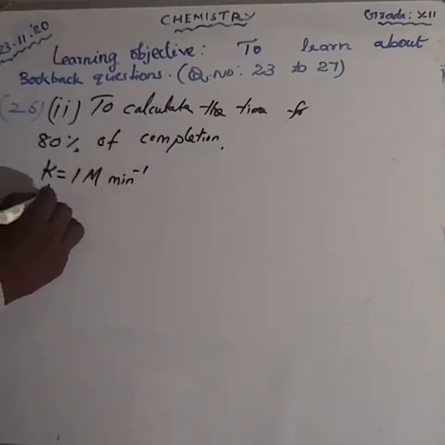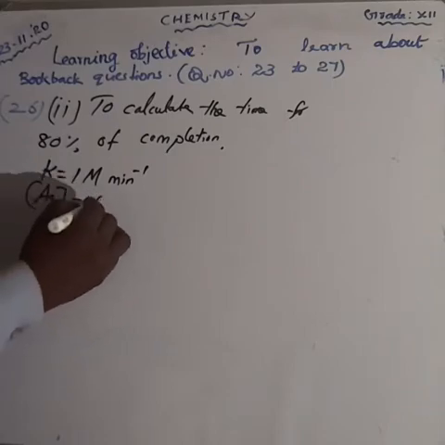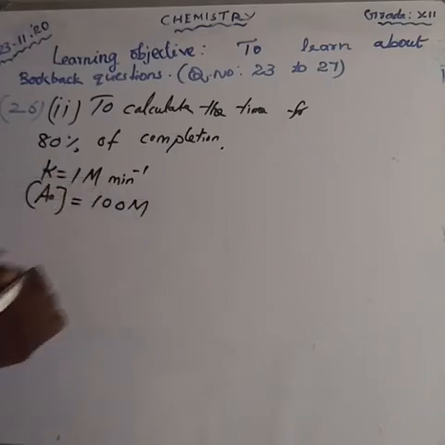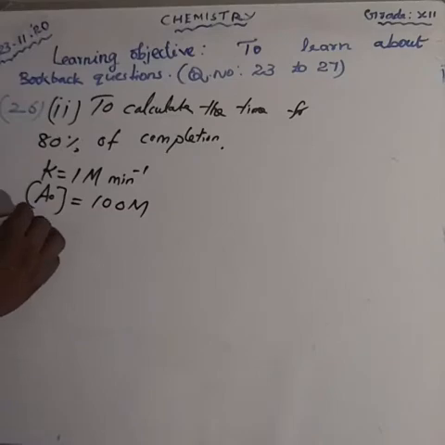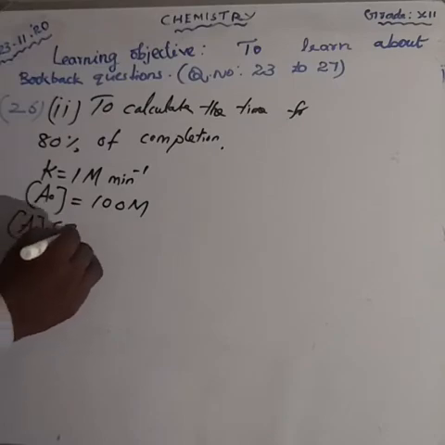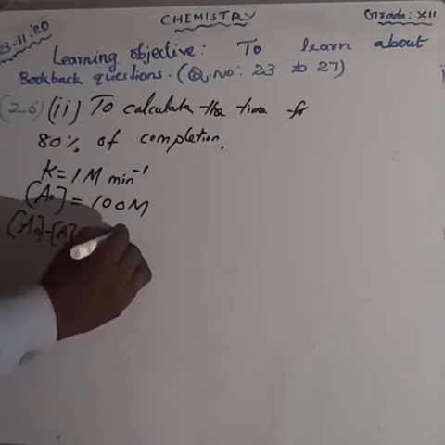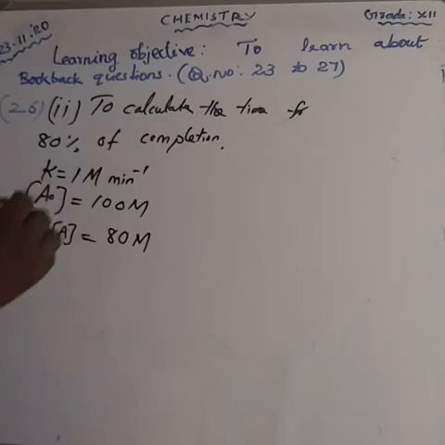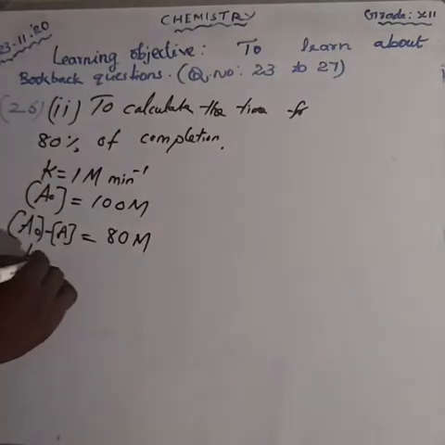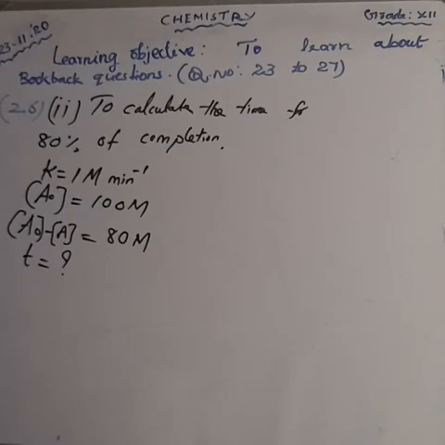A naught is 100, and A naught minus A is 80. So what we have to calculate is the time.